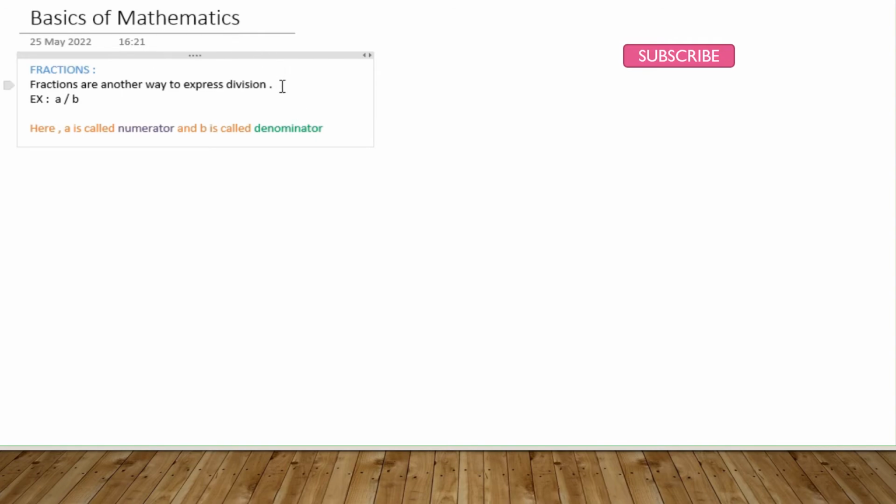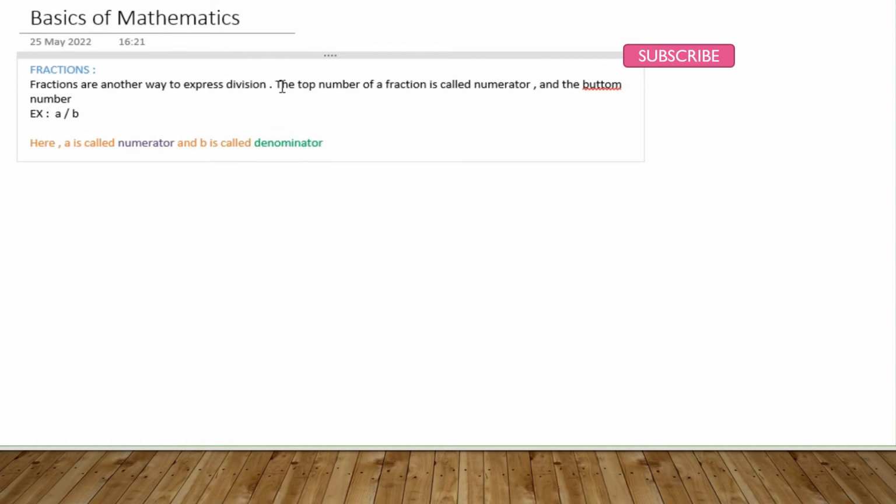Okay, directly I'm going to complete this definition. The top number of a fraction is called numerator and the bottom number is called denominator.